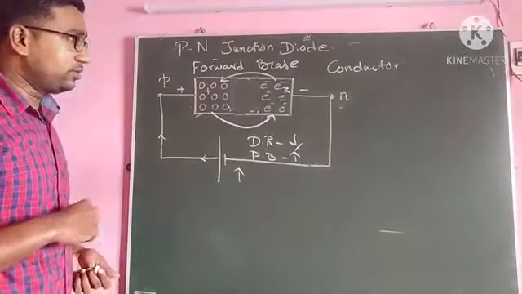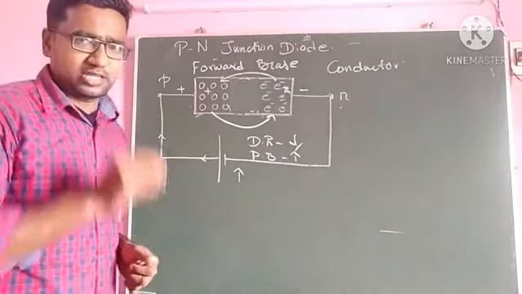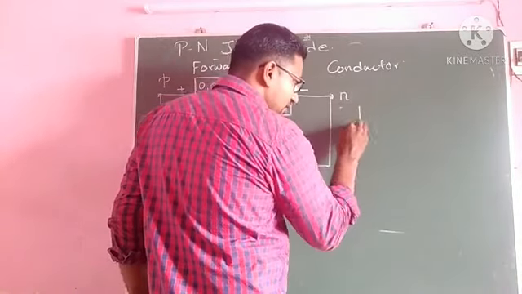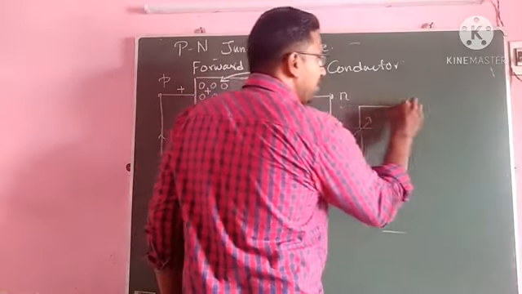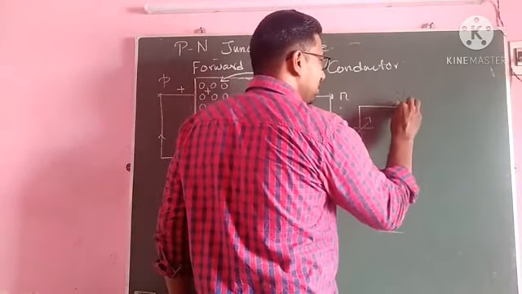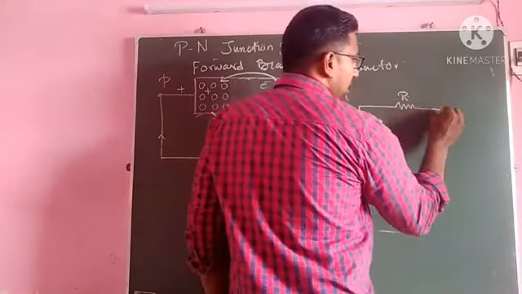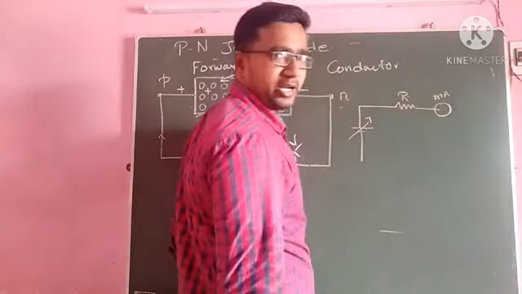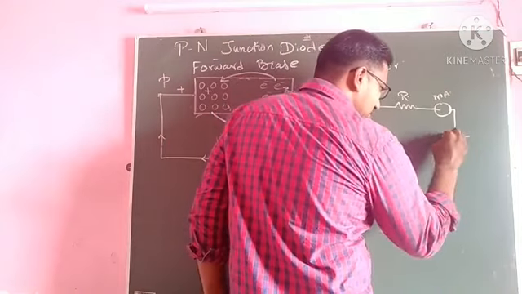Now I am going to verify the characteristics, and before that I am going to draw the circuit diagram. This is the variable potential given to the diode through a variable resistance. There is a resistance R, and an ammeter in milliamperes connected in series with the PN junction diode symbol.